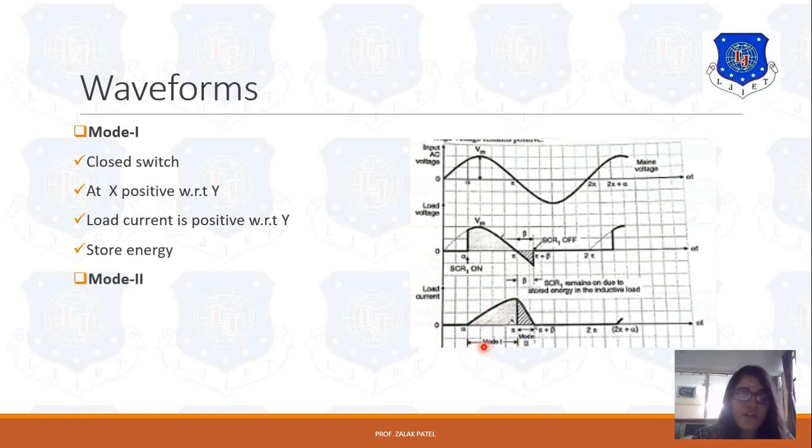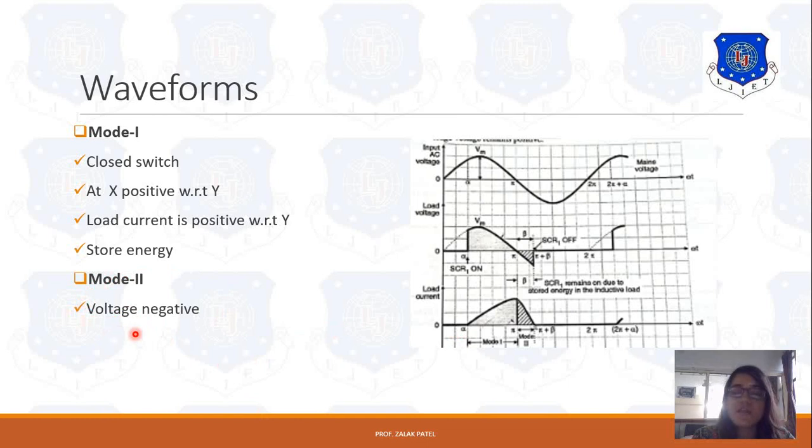Now what will be the case when it operates in mode 2? When it operates in mode 2, the operation will be from pi to pi plus beta, which you can see over here. The load voltage is from pi to pi plus beta and the load current is again from pi to pi plus beta. So in this case the voltage will be negative.